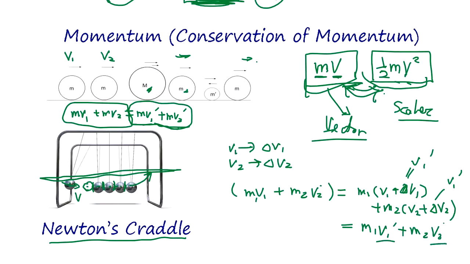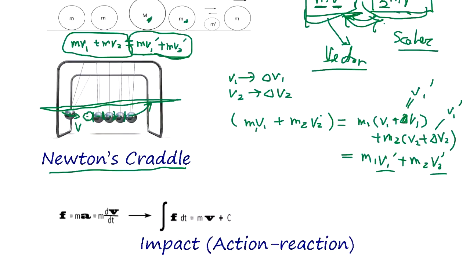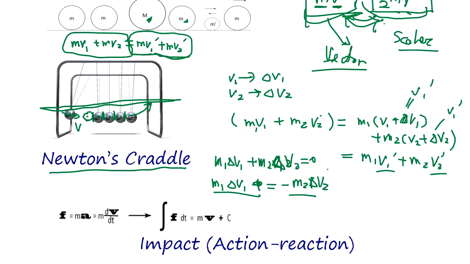We have two unknown variables here. Momentum is conserved here. If you simplify this, we get m1 delta v1 plus m2 delta v2 equals 0. So the momentum given by the first ball is the momentum gained by the second.